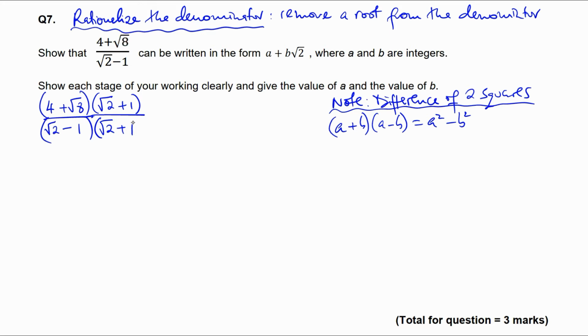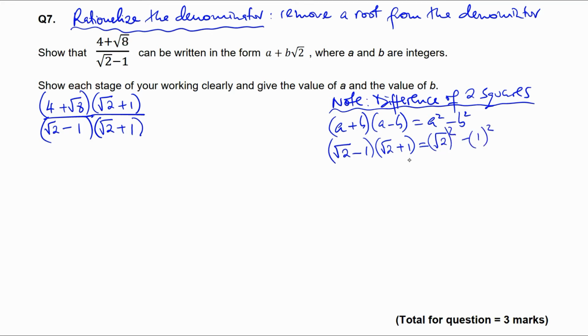So in this denominator, square root of 2 minus 1 multiplied by square root of 2 plus 1 will be equal to square root of 2 squared minus 1 squared, and that will be equal to 2 minus 1, which is just 1.